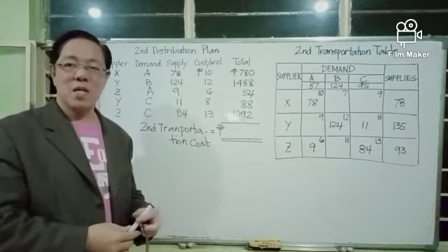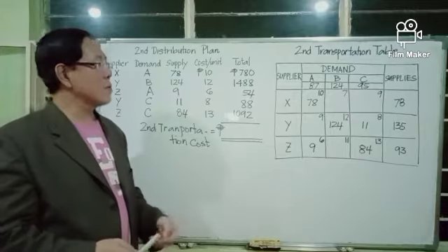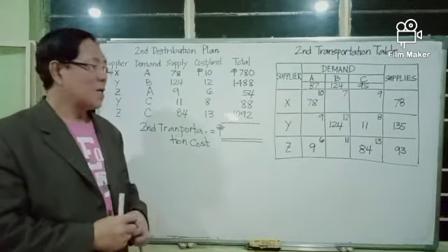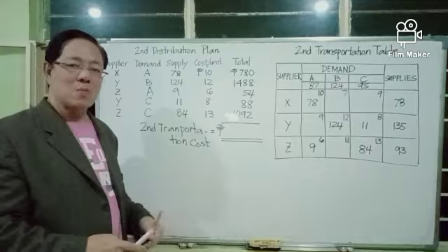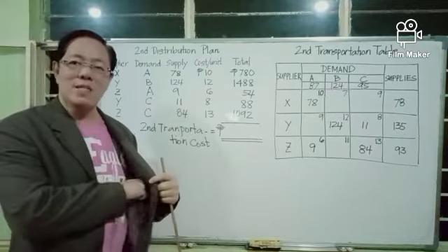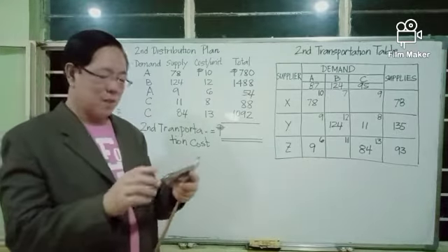The total transportation cost corresponding to the second transportation table is obtained by adding the last column. So we get the sum of the last column using our calculator.